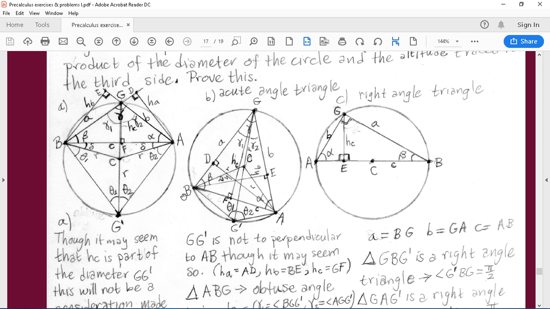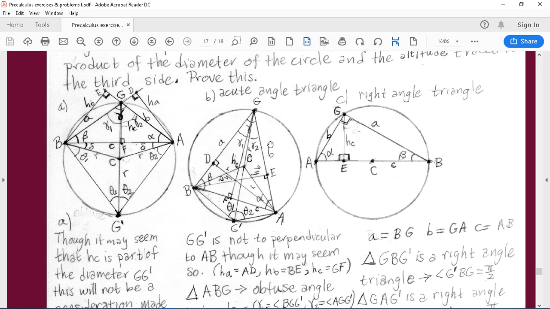So triangles BCG, ACG, BCA are all isosceles triangles because they have two sides that are equal.